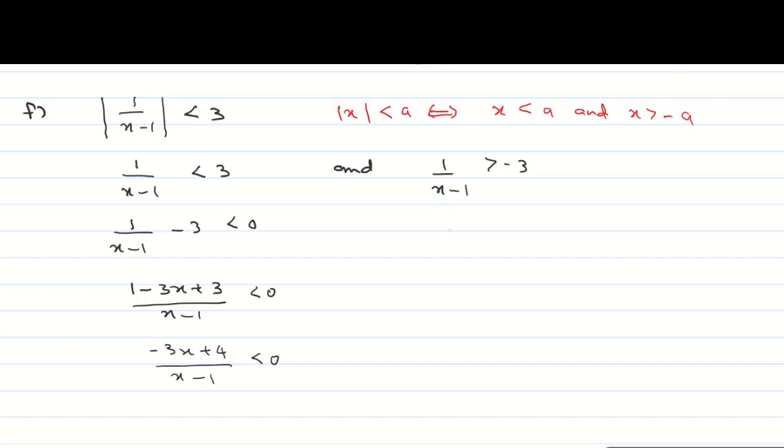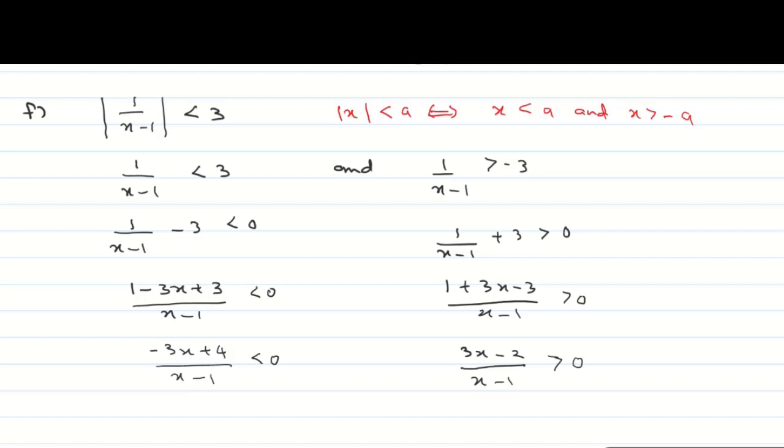Do the same thing on the right side of the inequality. Okay, so we have here 1 over x minus 1 plus 3 greater than 0. So make it into one fraction. 1 plus 3x minus 3 over x minus 1 greater than 0. So we have 3x minus 2 over x minus 1 greater than 0.